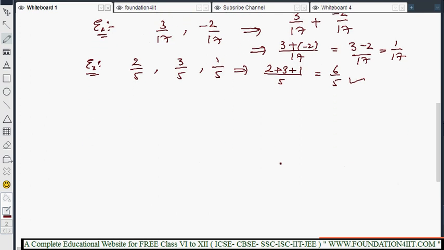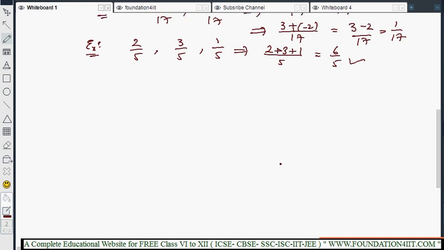Now this is case 1. That means if the denominators are the same, this is how we add the rational numbers. Now case 2, and if you observe, most of the problems will be in case 2. We'll understand clearly how to solve when the given rational numbers have unequal denominators.